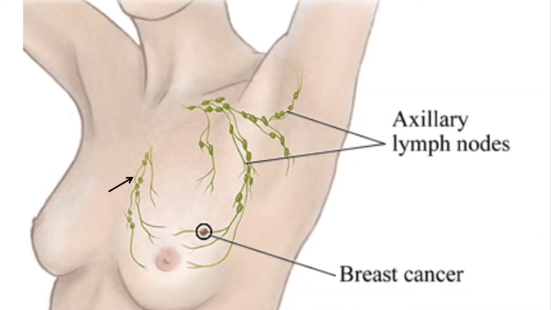Therefore, cells separate from the mass. They are picked up by lymphatics. So when we examine a lady with suspected cancer, we have to examine the axillary lymph nodes, and we have to know the groups of the axillary lymph nodes.